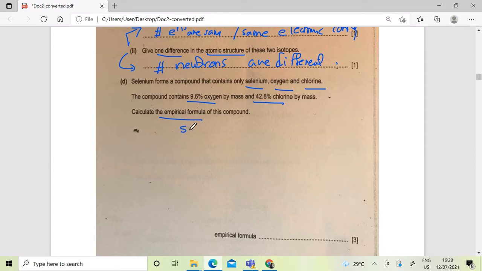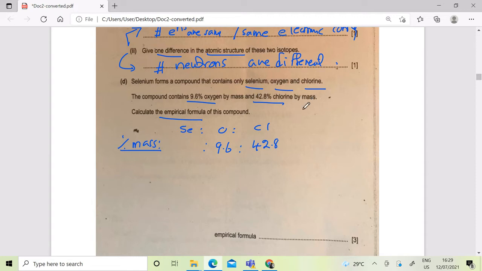Get the selenium, oxygen and chlorine percentage by mass, which is given over there. Oxygen is given as 9.6 and chlorine is given as 42.8. Selenium is not given, therefore you have to calculate it.